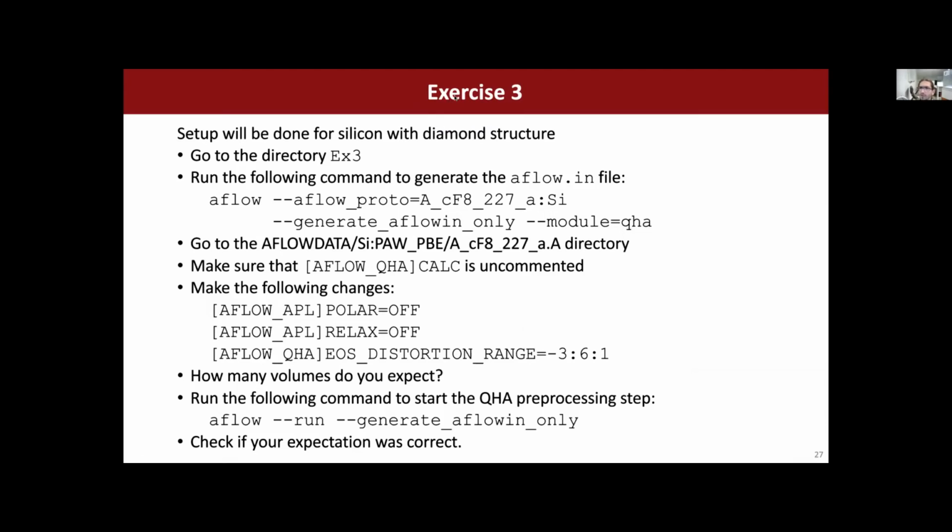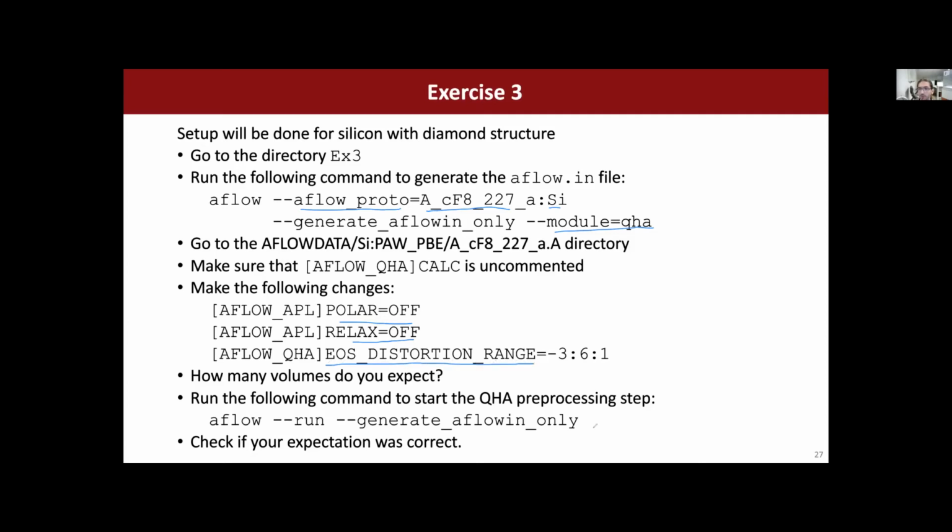So this time we will try to do a calculation for silicon in a diamond structure. We will again use a prototype command, and you will have module equal to QHA to actually specify a QHA calculation. Again, we don't want to switch polar off and relax off. And here you have an important parameter, which is EOS distortion range.